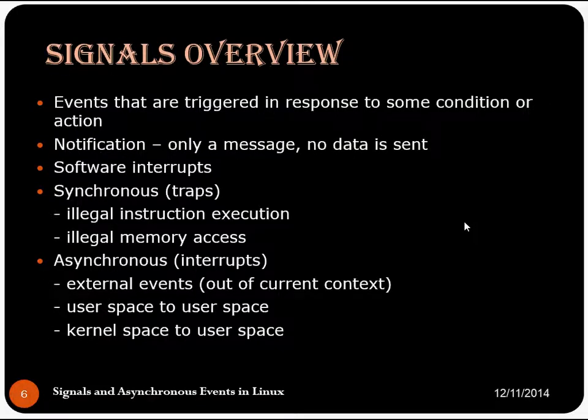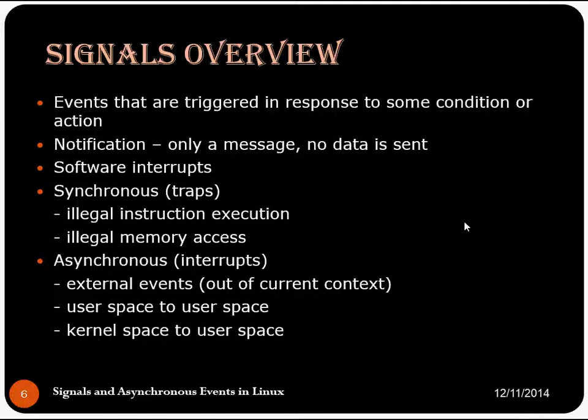Signals are triggered as a response to some external condition or action. It is just a notification and does not involve any data. They can be treated as software interrupts. Signals can occur either synchronously or asynchronously.